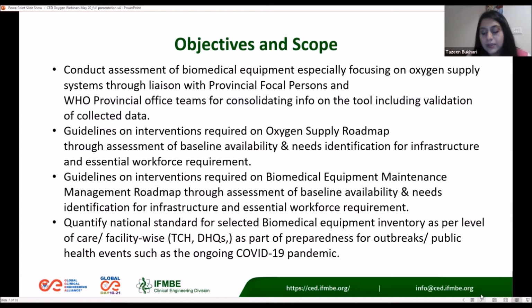We also had to create a guideline for intervention required in terms of oxygen systems and biomedical equipment for infrastructure and human resource, and quantify a national standard for selected biomedical equipment, so we know exactly what is the minimum number that should be present in a certain type of facility.